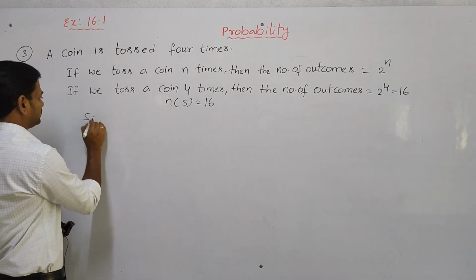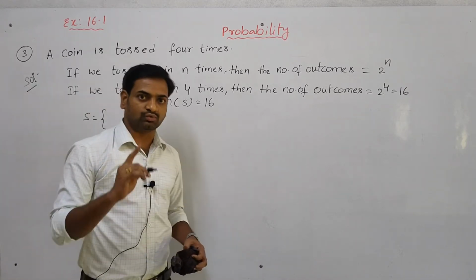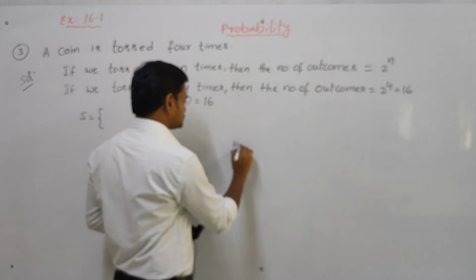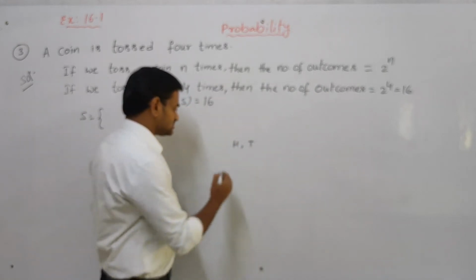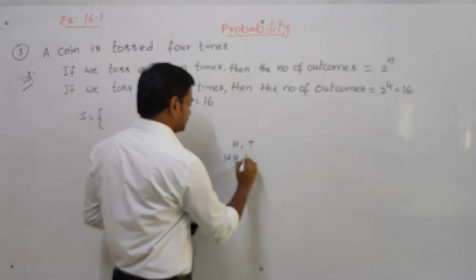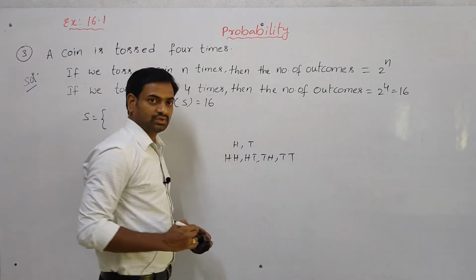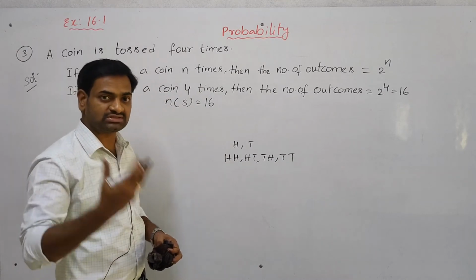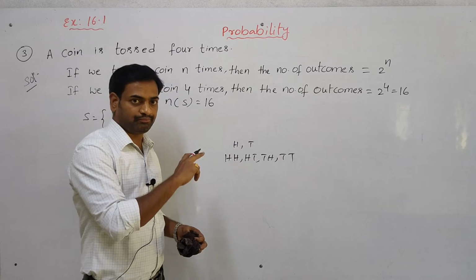So S equal to, see here, if we toss a coin 1 time the outcomes are head, tail. If we toss a coin 2 times it means head head, head tail, tail head, tail tail. If we toss a coin 3 times, already I gave in the first problem.